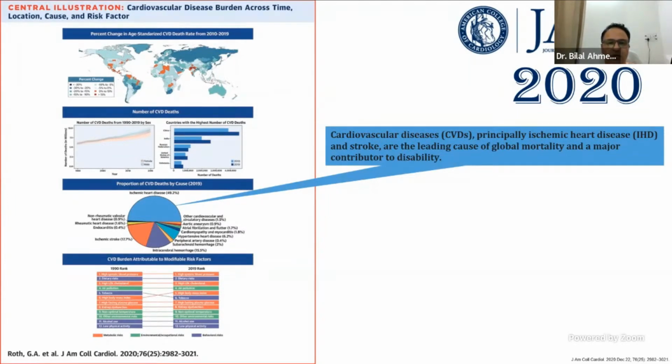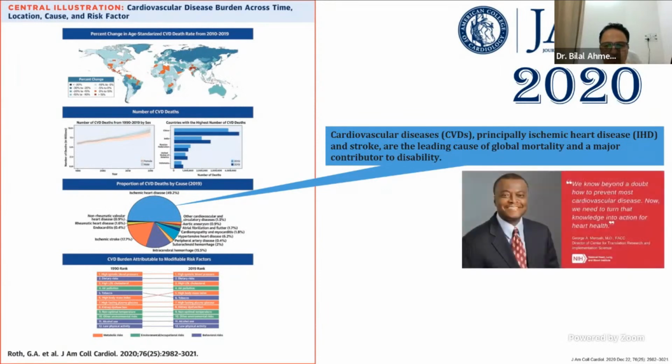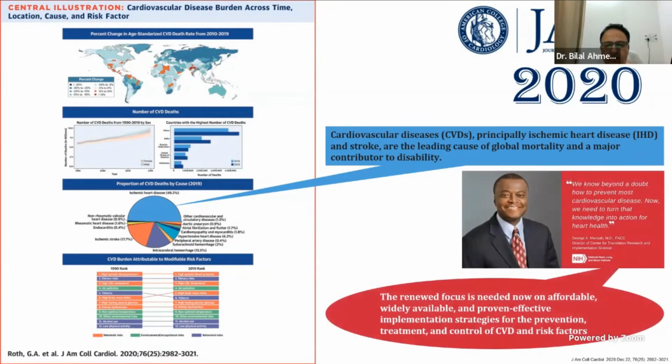So this is a big challenge to every cardiologist in overcoming these cardiovascular diseases to reduce the mortality and the morbidity due to cardiovascular events, that is myocardial infarction or stroke. So renewed focus is needed now on affordable, widely available, and effective treatment strategies for cardiovascular disease.